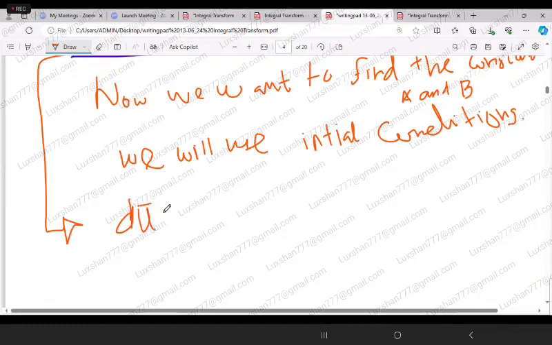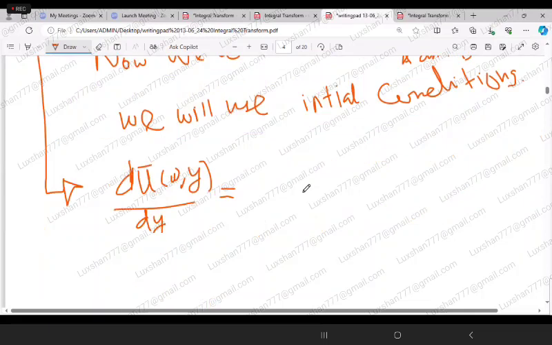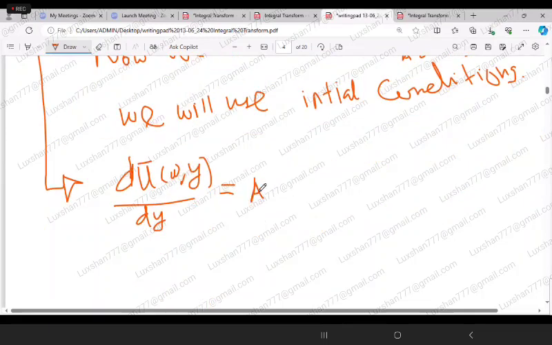So I am considering du bar omega y over dy. If you take the derivative with respect to y, then I will get a omega squared cos omega squared y plus b omega squared sin omega squared y.